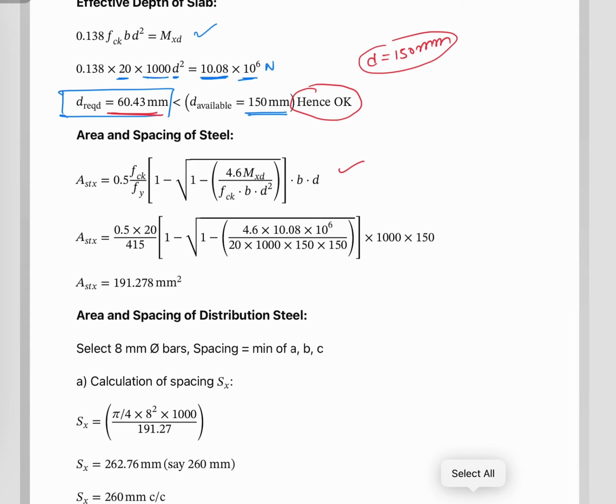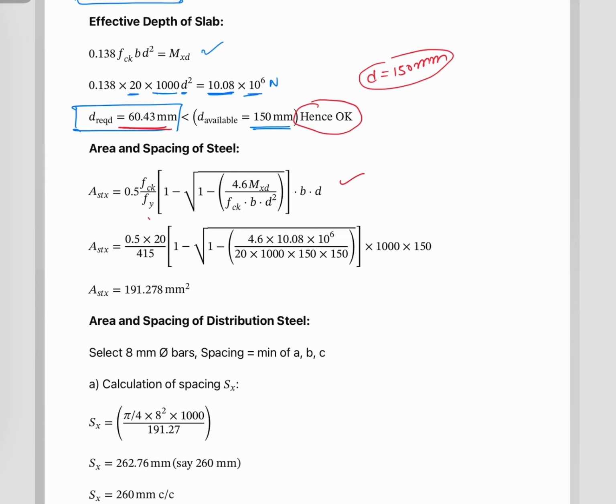Here you put every value: M20, Fe415, this is standard, this moment which is Mux, 20 is fck, 1000 is b because of the 1 meter strip, and this is 150 square, or you write 150 into 150. Similarly 1000 into 150, the same figure you write here. So you got an area of 191.278 mm square.